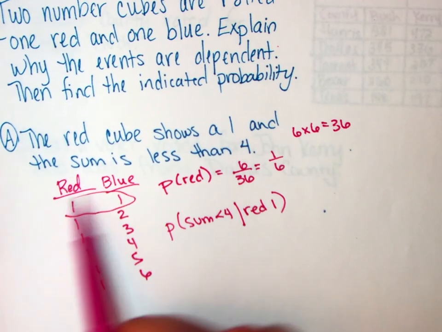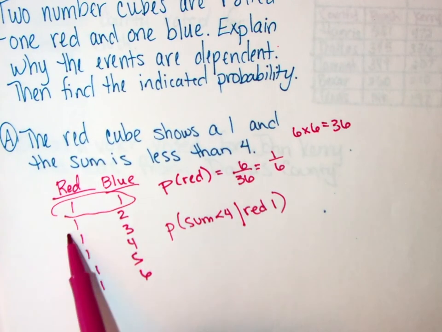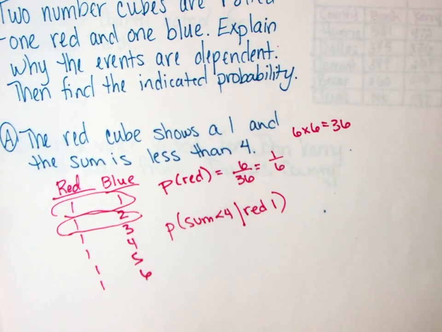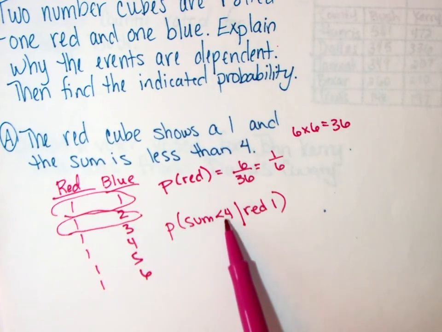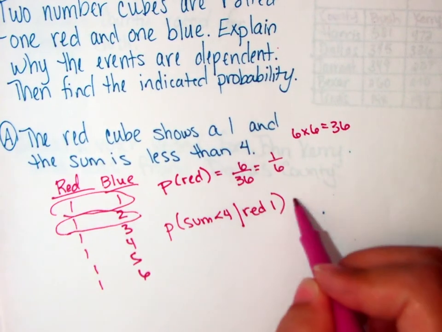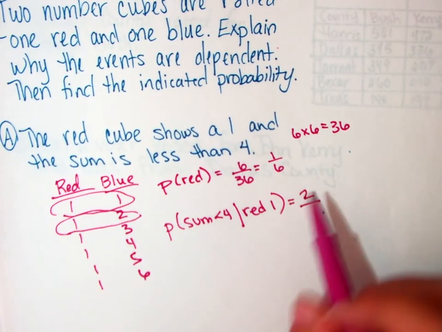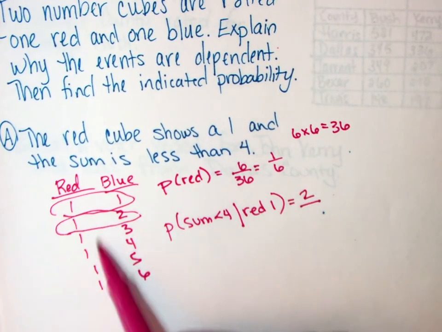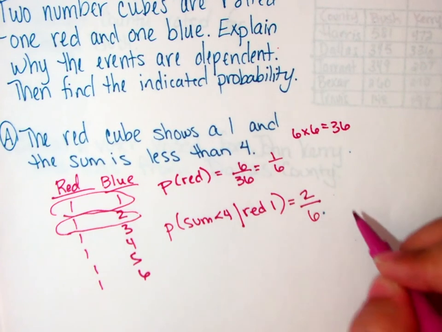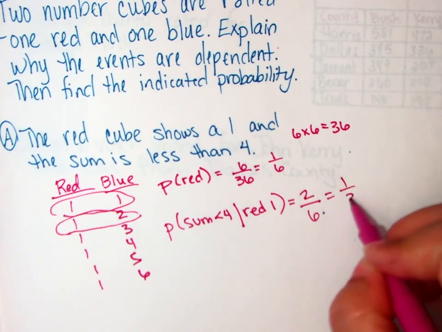I have 1 plus 1, and I have 2 plus 1. I can't have 3 plus 1 because that is 4, and it doesn't say less than or equal. It just says less than 4. So that is 2 over, I only had 6 options to start, so that's a 6, and that's 1/3.